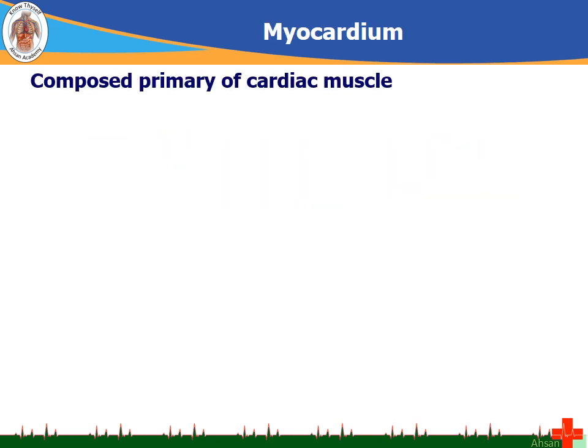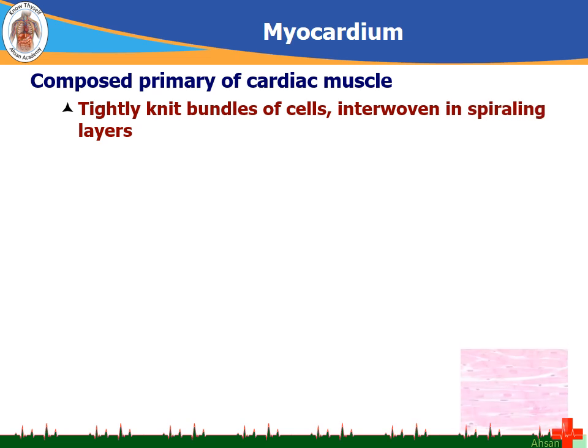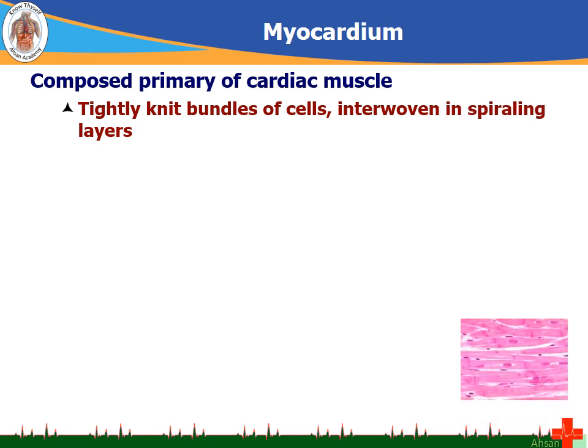Myocardium is primarily the cardiac muscle. It comprises muscle cells that form tightly knit bundles of cells. They intermingle with each other, crossing each other. I'll show some photographs. This is the striated form of muscle cells.